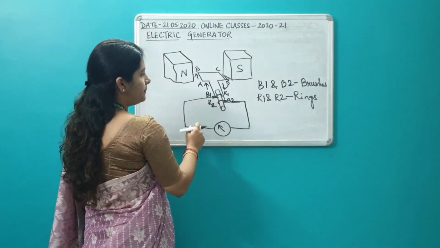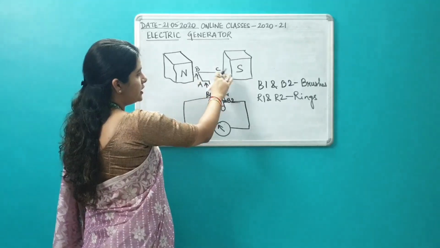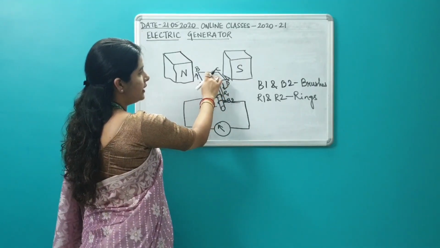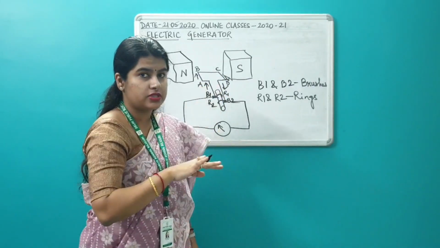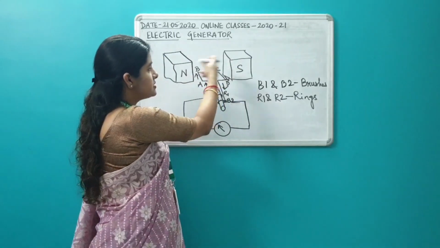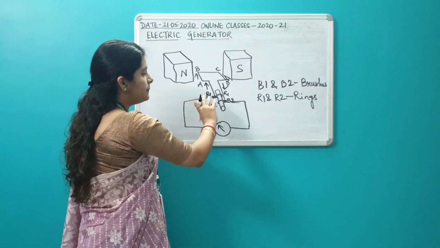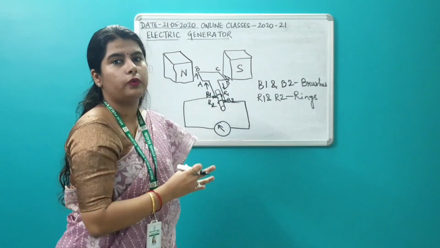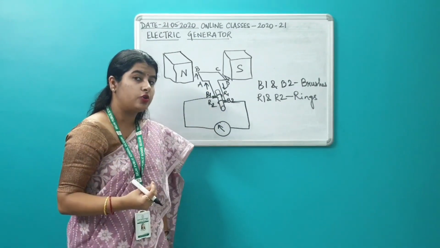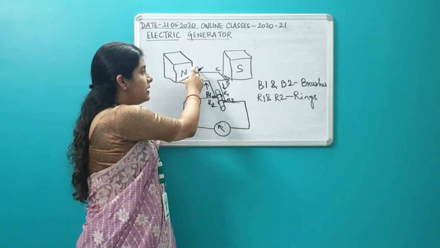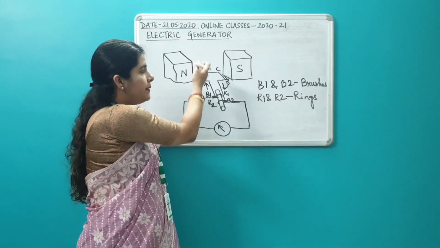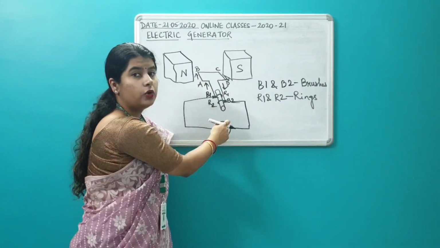So what happens is, supposing initially this coil is kept horizontal within the magnetic field. Supposing this coil is rotated clockwise, this arm AB will go up and the arm CD will go down.